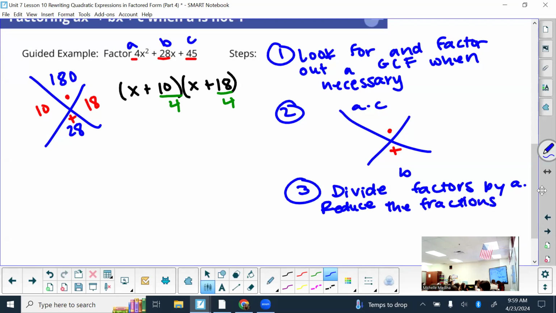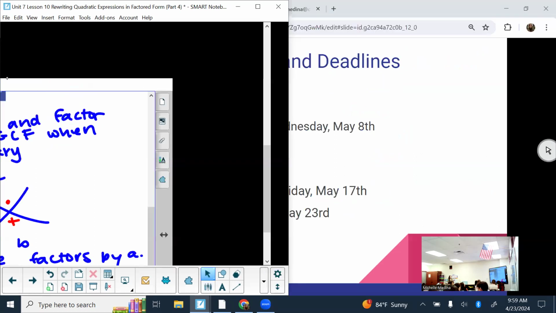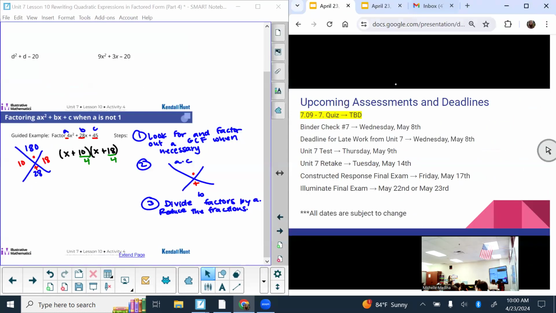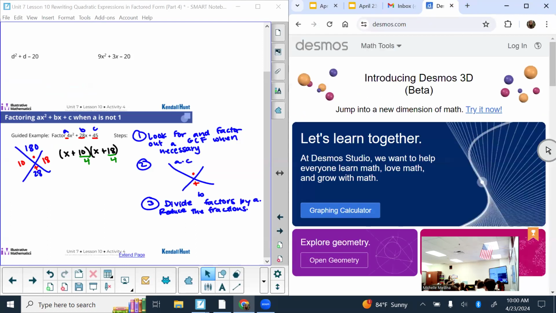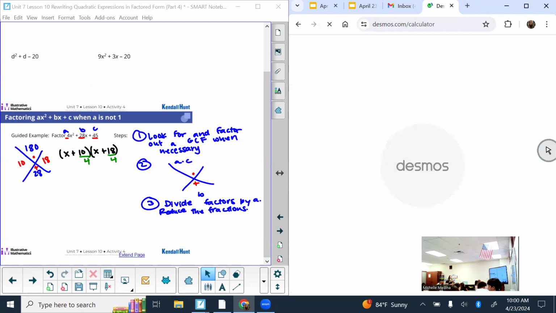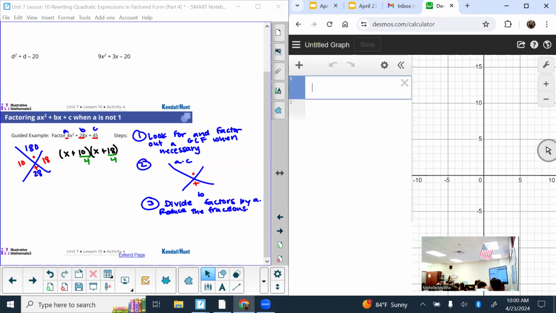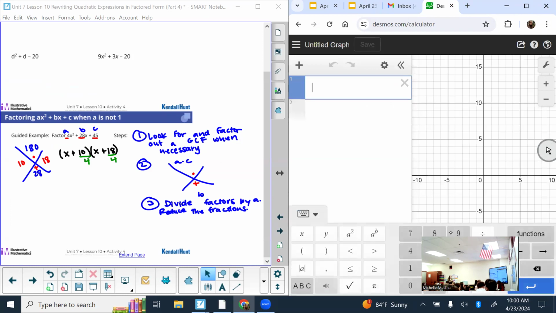Now I know a handful of you, especially anytime a fraction comes up, you just skip that problem. There's no reason, especially if you have a calculator. Basically, all calculators have a fraction to decimal button. You could type in 10 over 4, which is the one I need to reduce.